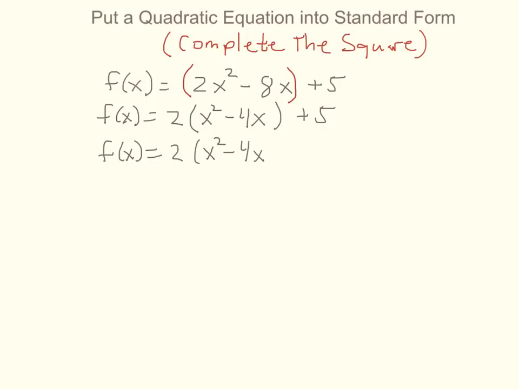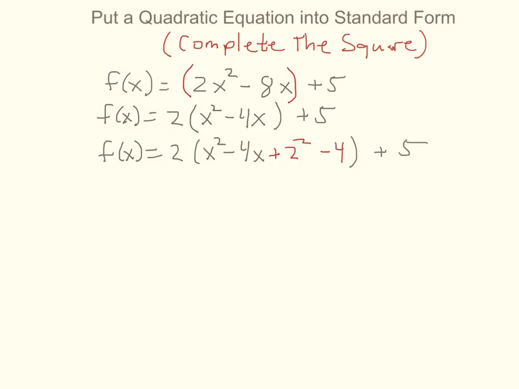Normally we take half of that value and square it. So I would add, in this case, 2 squared. Well, when I put something in a problem, I can't just add it in there without compensating for it. I will also subtract 2 squared, which happens to be 4. And all of that is taking place inside the parentheses there. And I'll still have my plus 5 sitting out there by himself.